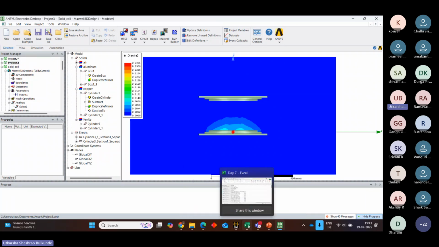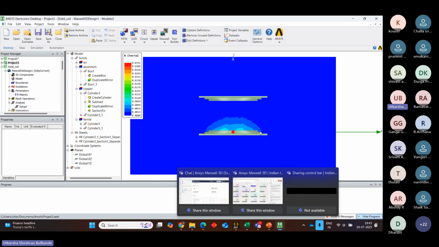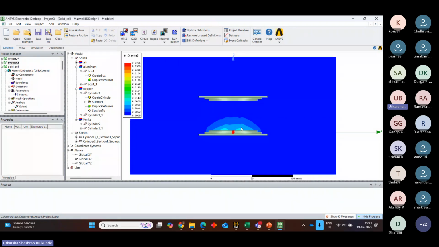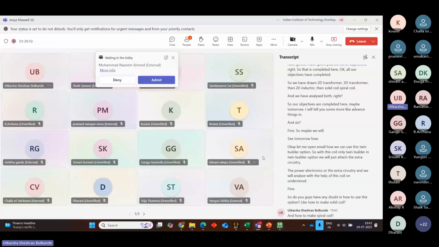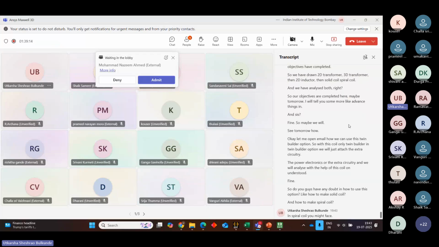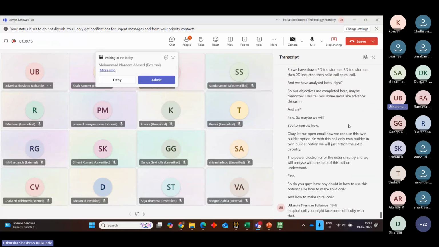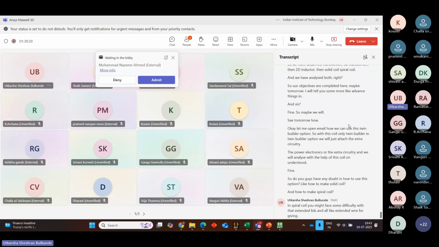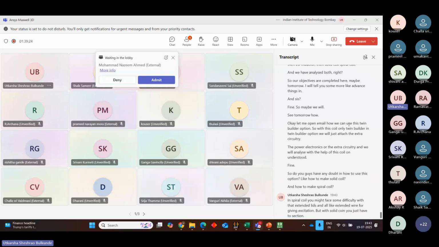So do you guys have any doubt in how to use this option? Like how to make a solid coil and how to make a spiral coil? In a spiral coil, you might face some difficulty with the extended leads, the extended wire for giving excitation. But with a solid coil, you just have to section it and give the excitation.